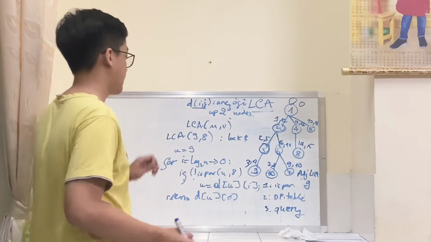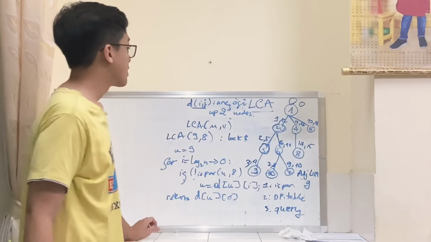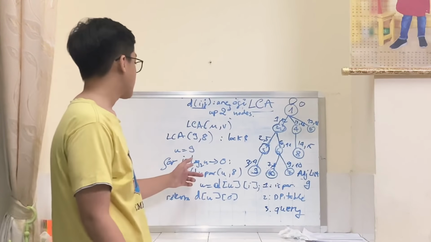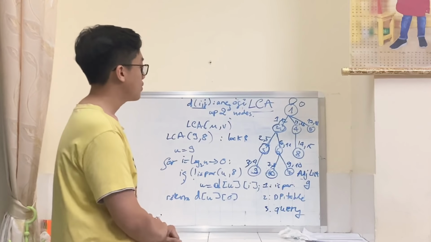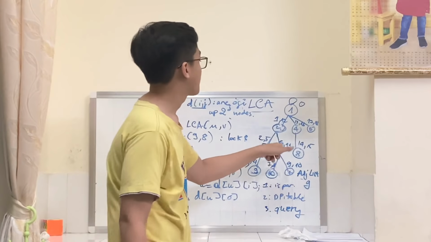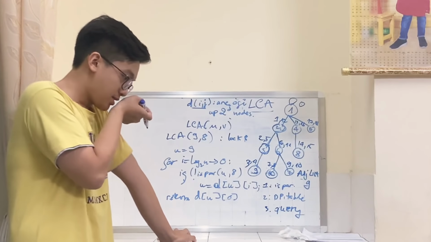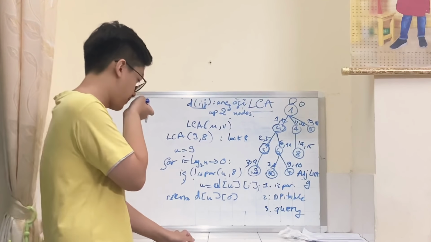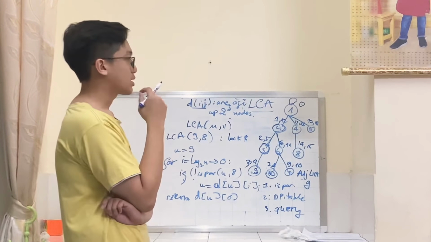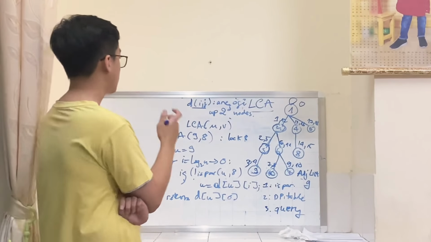Why? I'll explain it. First, you log the node 8, so we'll traverse log 2 n down to 0. So what is log 2 n of this node? Counting 1, 2, 3, 4, 5, 6, 7, 8, 9, 10, so log 2 of 10 is equal to 4.